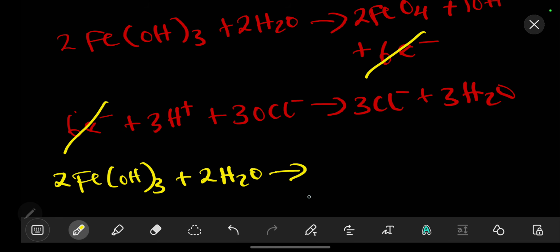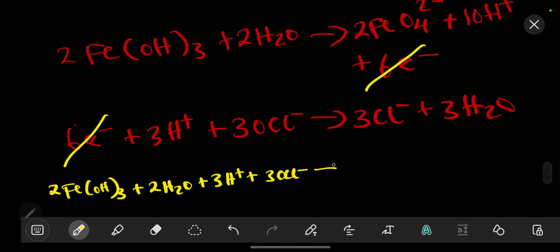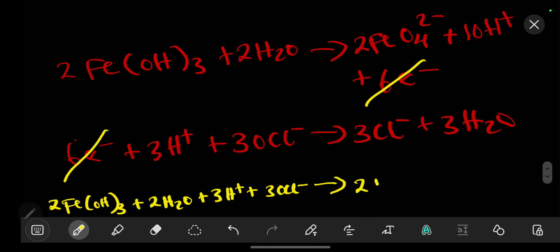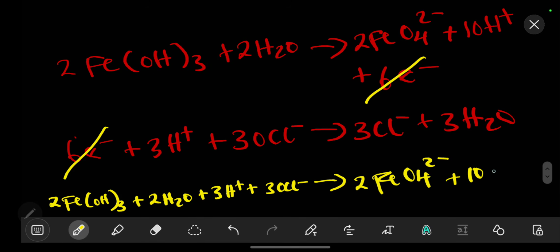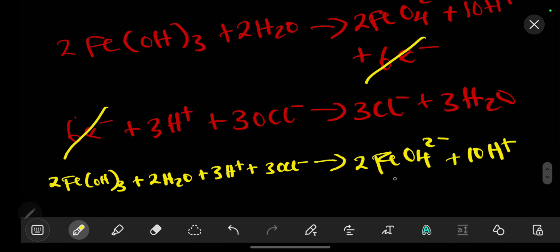So let's write all the things on the reactant side: 3H plus, our 3 OCl negative, to become 2FeO4, 2 negative, plus 10H plus, plus our 3Cl negative, plus our 3H2O, like that. So this is what we have.